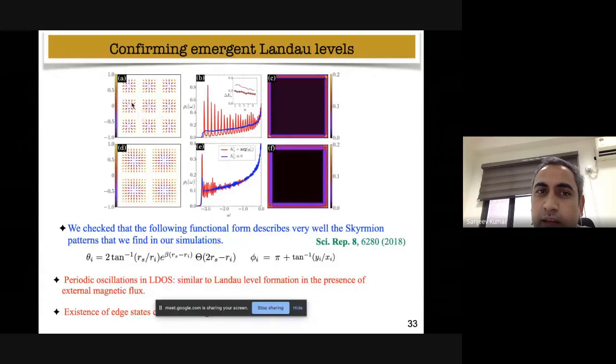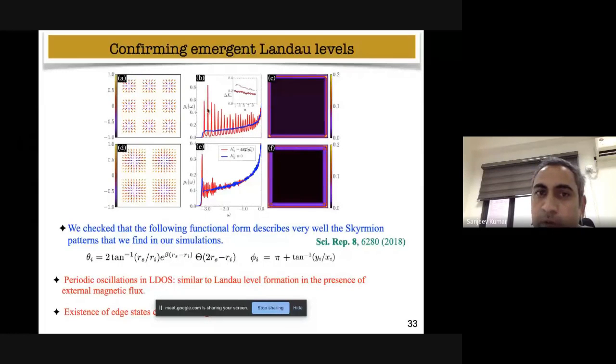The presence of magnetic skyrmions is enough to generate Landau levels, and that's actually not that surprising in the end, in the sense that each object here is essentially like a monopole, if you can define monopoles in 2D. So it's as if there is a fictitious source of magnetic field sitting somewhere here, and that fictitious source of magnetic field is generating for us the Landau level like behavior in the local density of states.